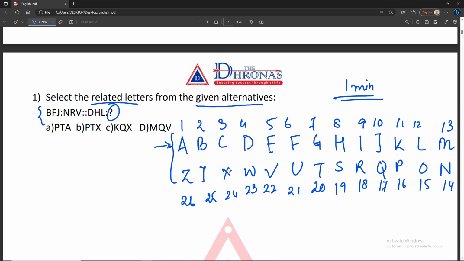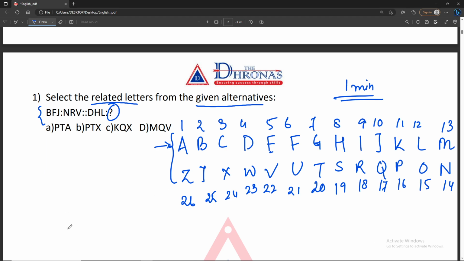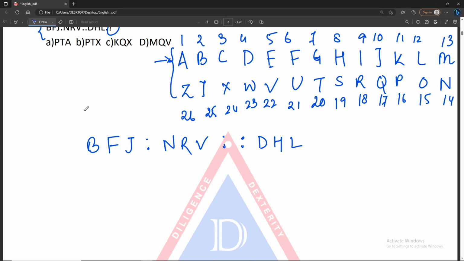So what is the question given below? It is given BFJ, NRV, DH and L. You can see B changes to N. How?